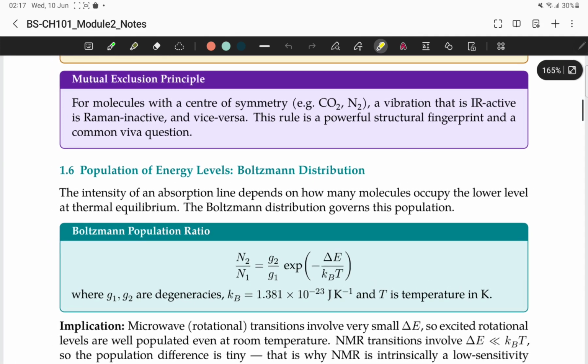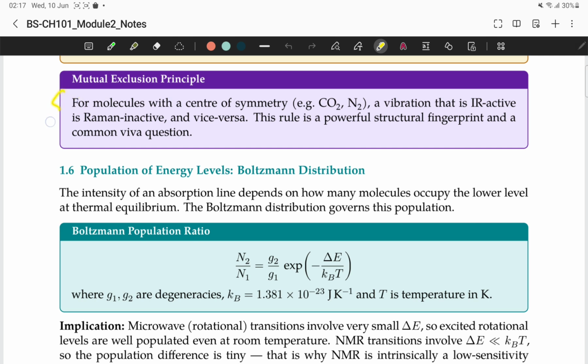So now, the mutual exclusion principle, one of the most important parts of this spectroscopy chapter. This brings us to a beautiful rule: for any molecule that has a center of symmetry, like CO2 or N2, a vibration that is IR active must be Raman inactive, and vice versa.